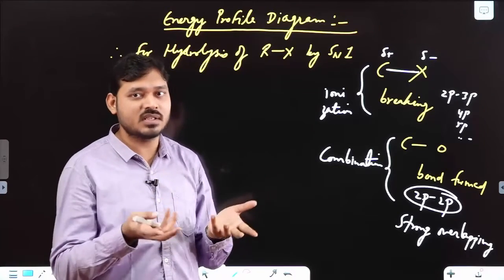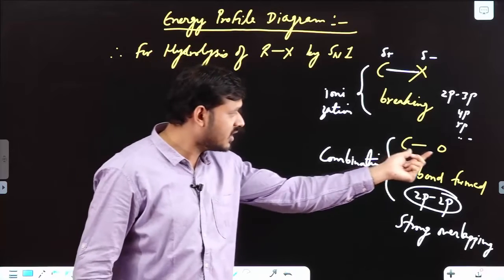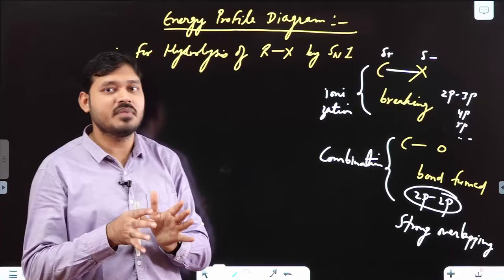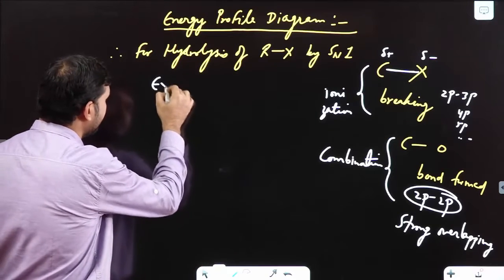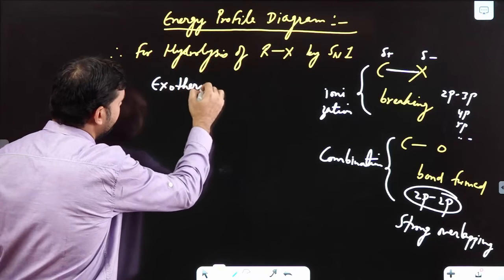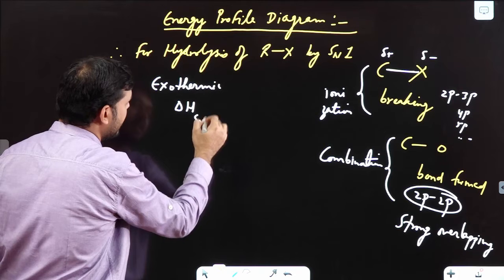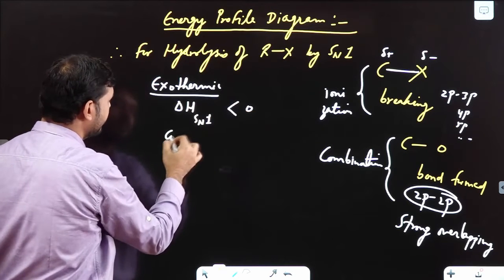Solvolysis or hydrolysis. That's why polar protic solvent favors SN1. Now this is bond formation, which causes release of energy. Overall, if you observe, the process is exothermic. Generally, delta H for SN1 is less than 0.